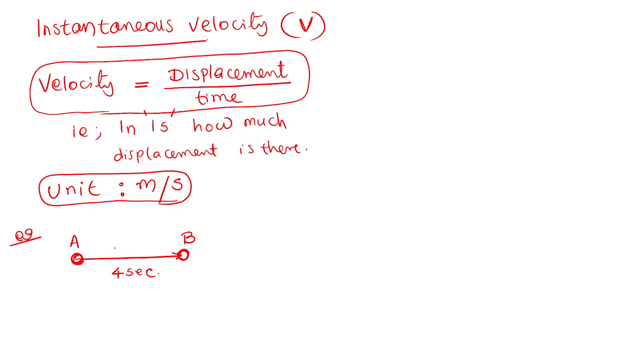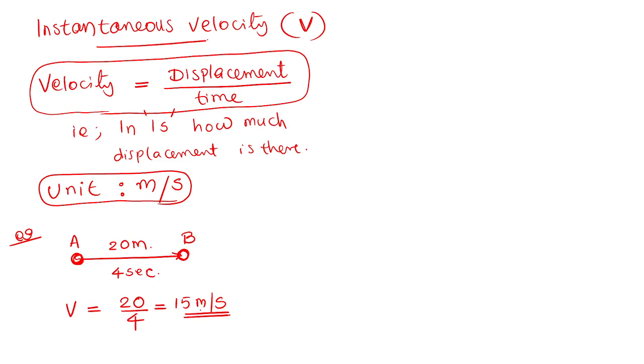Say the displacement is 20 meter. What is the velocity? The velocity is equal to displacement by time. 20 by 4, that is 5 meter per second. So the velocity is clear.